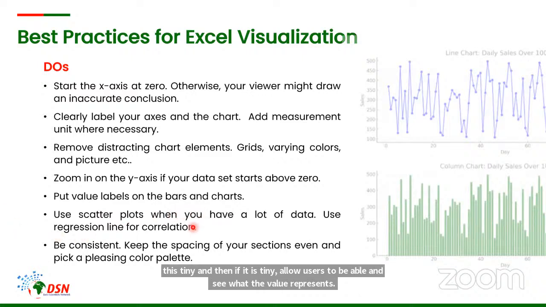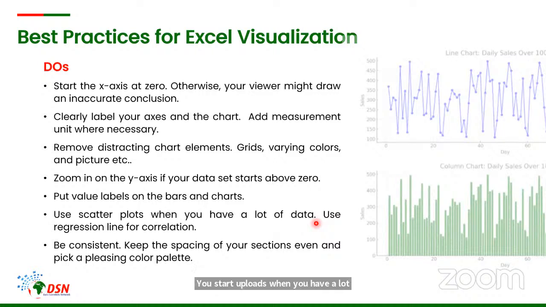Use scatter plots when you have a lot of data. When you have a lot of data and they are both numerical, and you want to compare them, don't bother plotting any kind of complicated visualization. Just use a scatter plot and then use a regression line to show the correlation if you are doing a comparison.